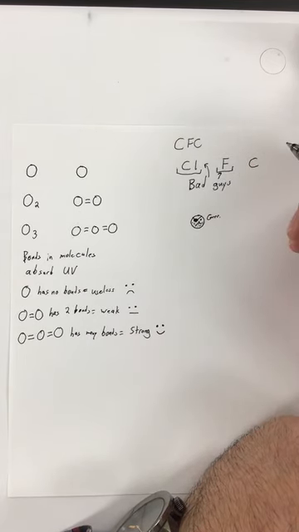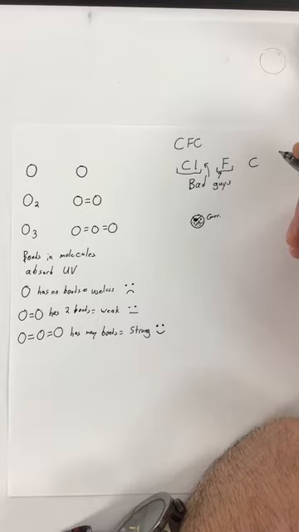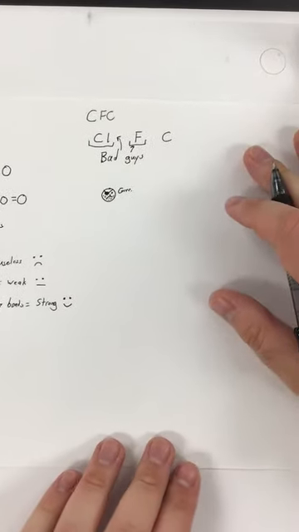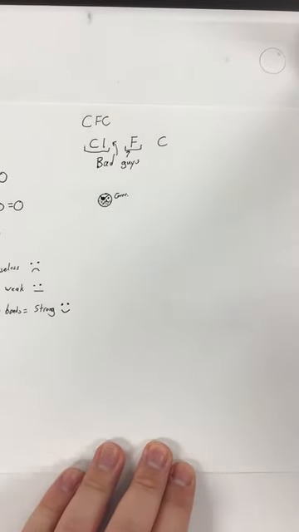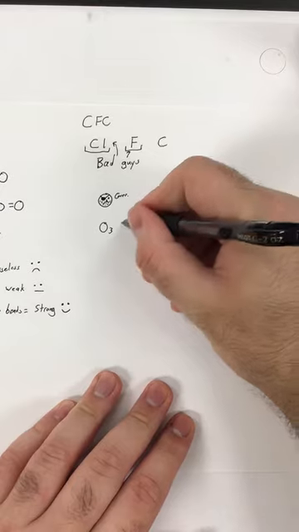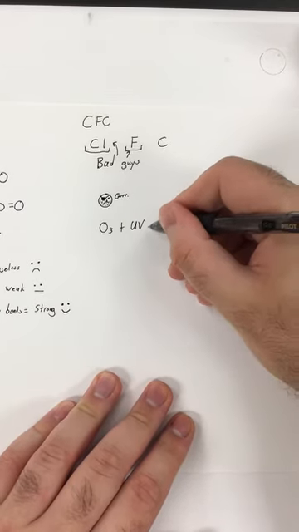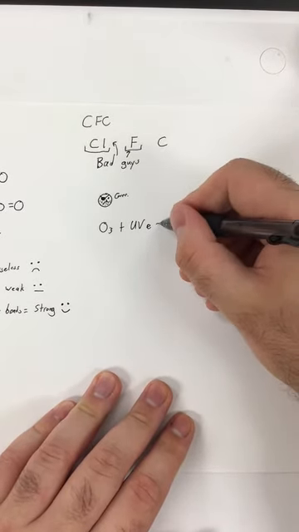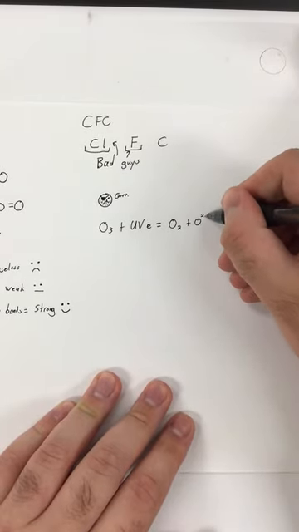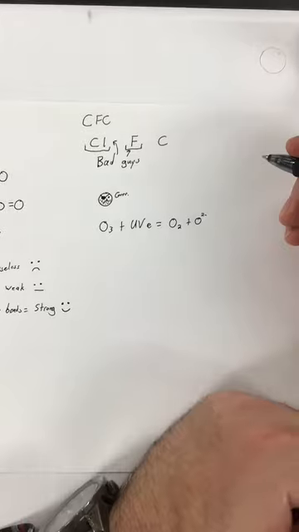College Board has asked that you be able to explain the chemical process of CFC ozone destruction before, so we're going to go over the basic process right now. You have O3, and you introduce UV energy. And that gives you an O2 molecule plus a loose oxygen.